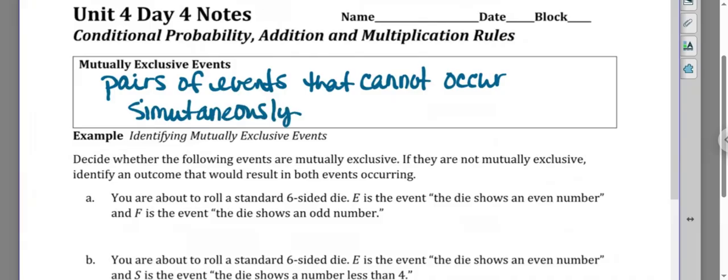Okay? So you get one or the other, not both happening at the same time. So a couple of formulas that we're going to work with today. But first, identifying if something is mutually exclusive or not.